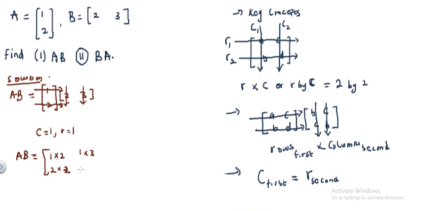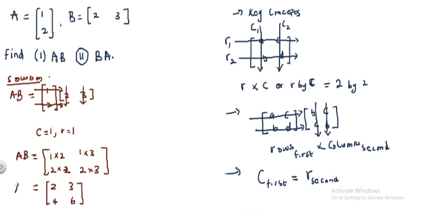So it's now on the second row and column. Now, this is equal to, I'll simplify everything inside this new matrix. So 1 times 2 is 2, 1 times 3 is 3, 2 times 2 is 4, 2 times 3 is 6. So that's it.